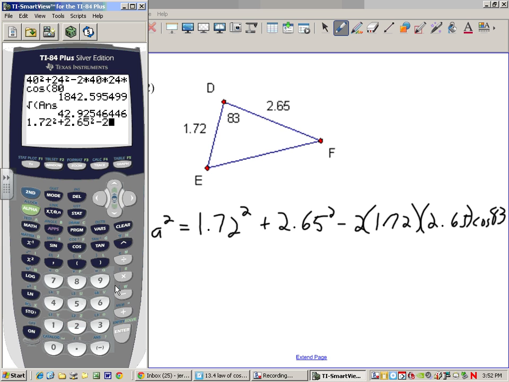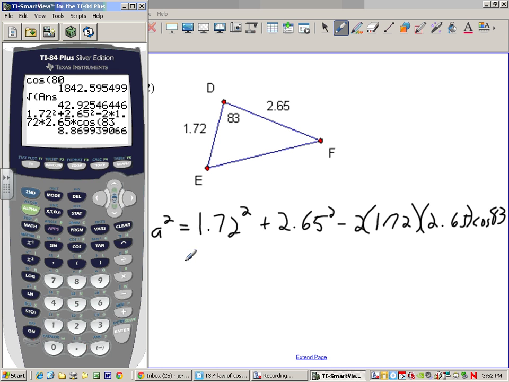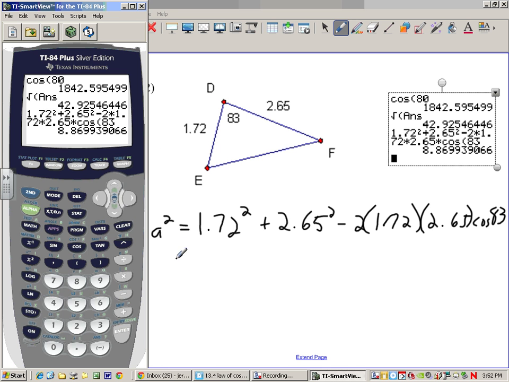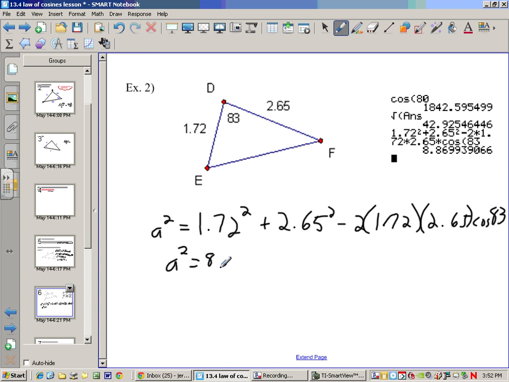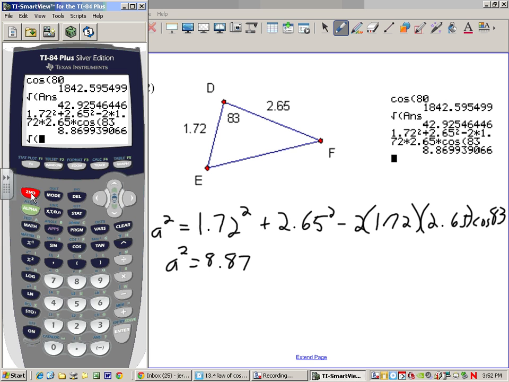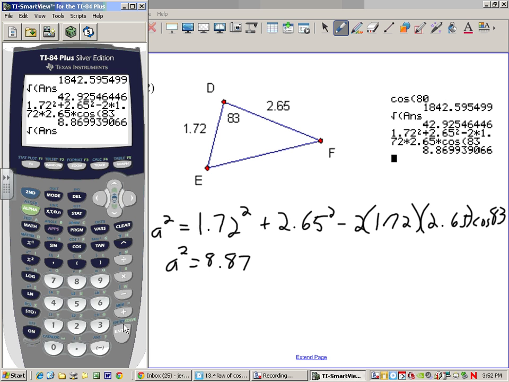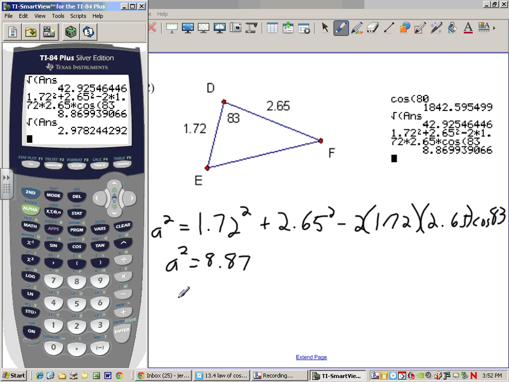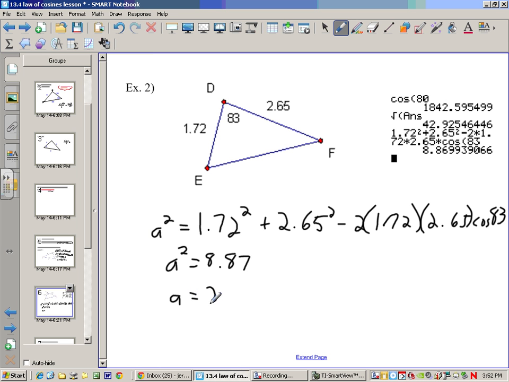That equals 8.87. So a squared is equal to 8.87. So if I square root the answer, now a is equal to 2.97, so 2.98 that would round to. So that's my value for EF.